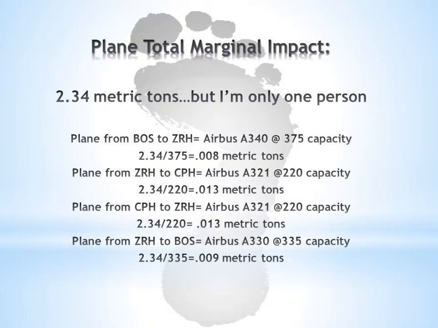So I found my impact to be 0.008 metric tons for Boston to Zurich, 0.013 metric tons from Zurich to Copenhagen, 0.013 metric tons again from Copenhagen back to Zurich, and 0.009 metric tons of CO2 from Zurich to Boston. That is a total impact of 0.0426 metric tons related to my plane flights alone.